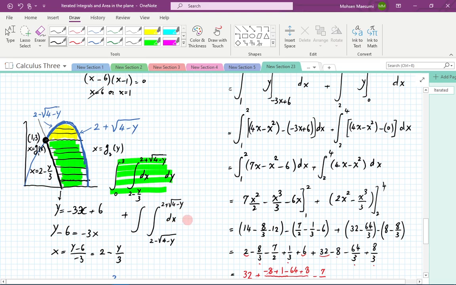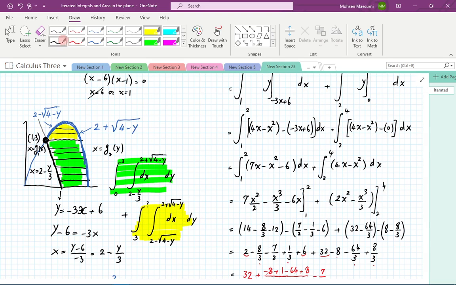And then with respect to y, we have one more obstacle. We are starting at 3, but where do I stop there? So what do you think? What should I write for the upper value of this integral?